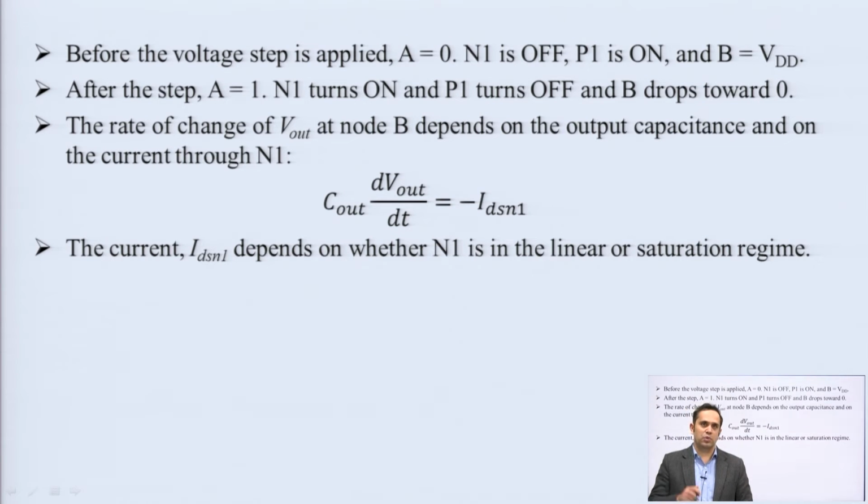Initially you have logic 0 at node A of x 1, and then you ramp up that value to logic 1, and it takes some amount of propagation delay for node B to change its state. And this equation on your screen tells you the role of the output capacitance in the rate of change of output voltage.